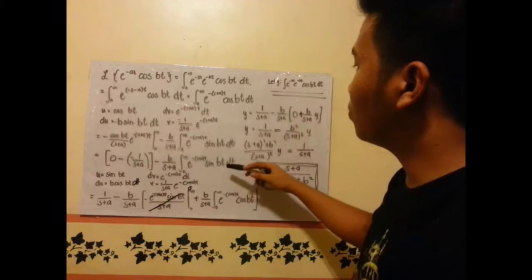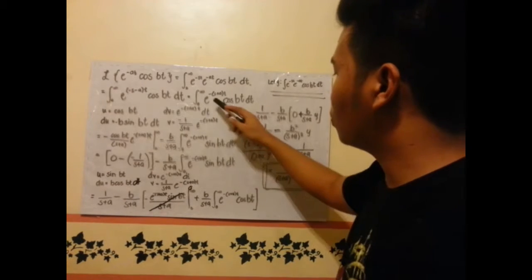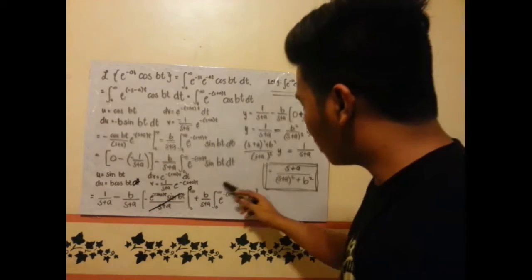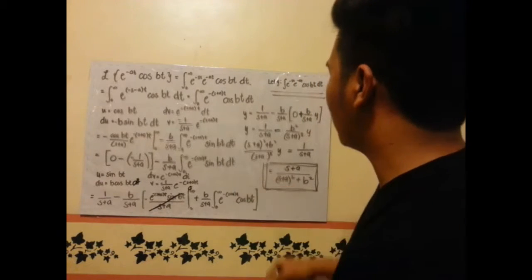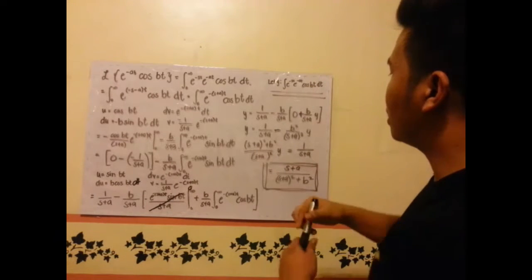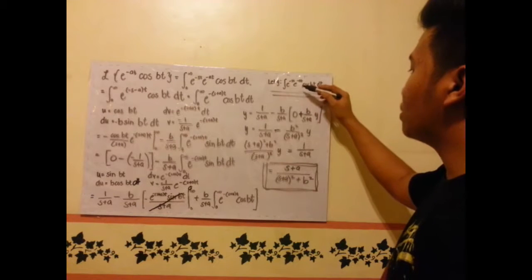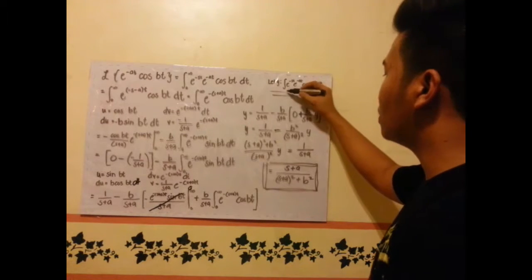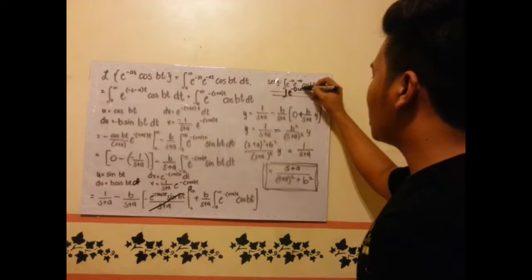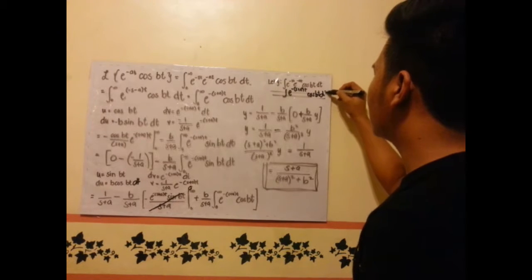Let's let this be our y. So let y be equal to the integral of e raised to negative st multiplied by e raised to negative at cosine bt, or simply the integral of e raised to negative s plus a t cosine bt dt.